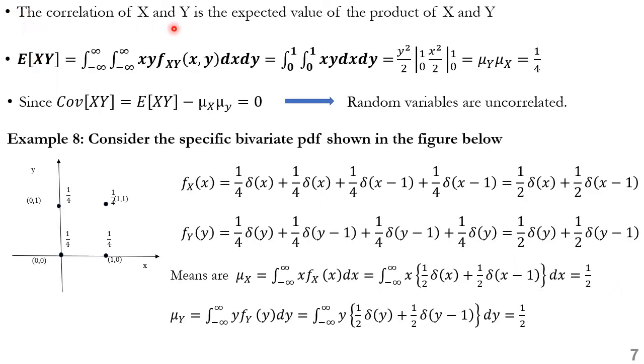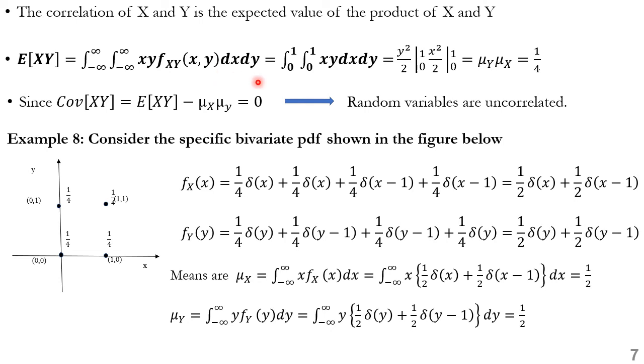The correlation of x and y is the expected value of the product x and y. So therefore, E of xy is the integral from minus infinity to infinity, integral from minus infinity to infinity of xy fxy of x comma y, that's the bivariate PDF, dx dy.